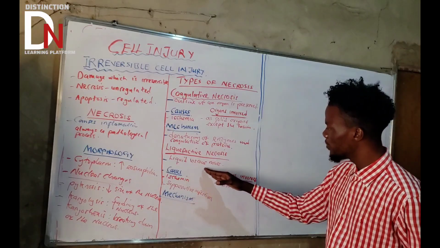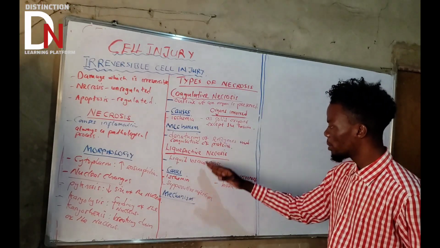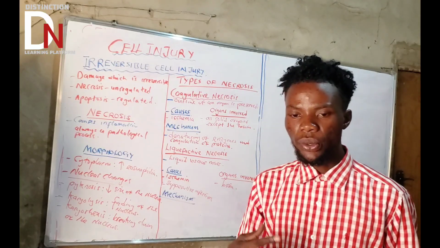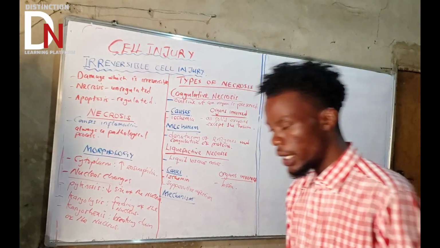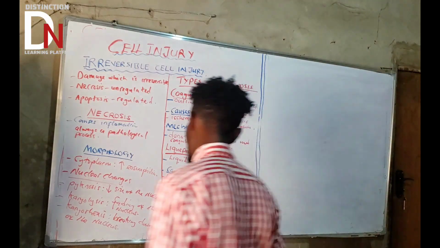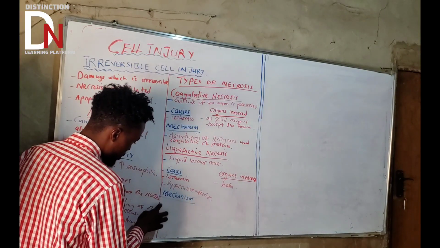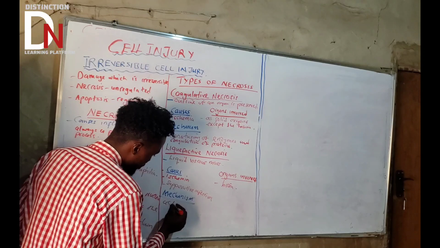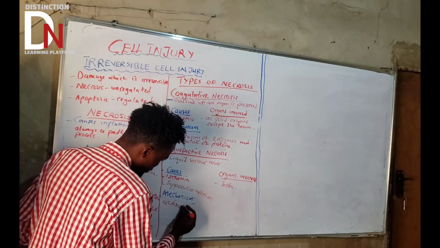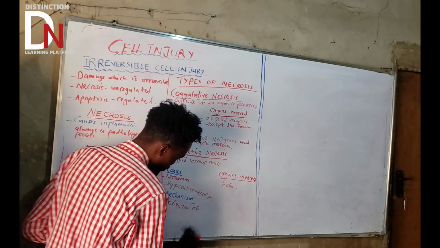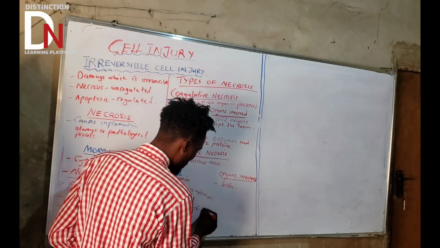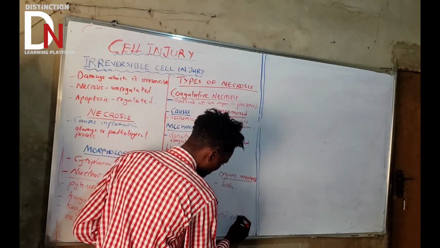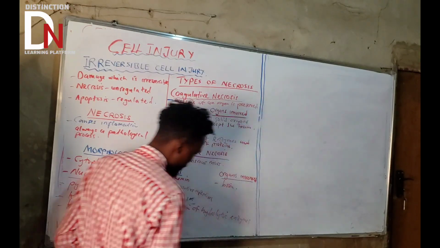Now the question is, what is the mechanism? What can cause this viscous mass? There are what we call hydrolytic enzymes. There are two main mechanisms. The first one is activation of hydrolytic enzymes.